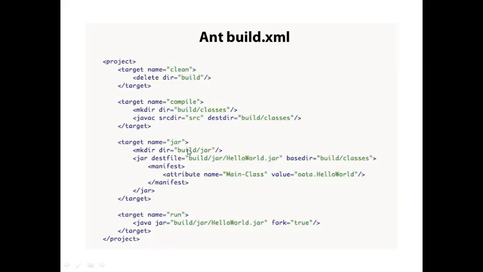This is where the jar file's destination and base directory are, and you have a manifest, a main class, and so on. Finally, this is how to run that application, hello world.jar, once it is built.